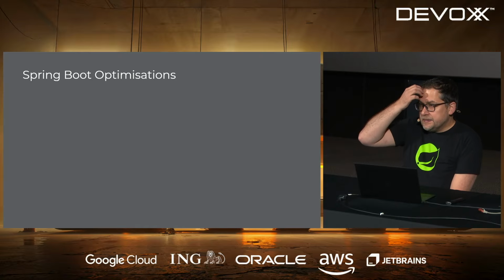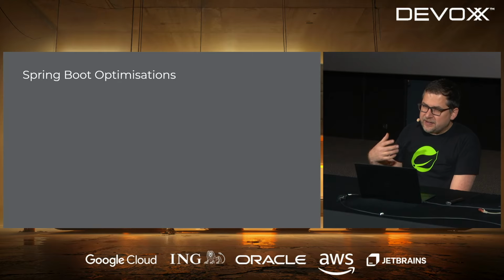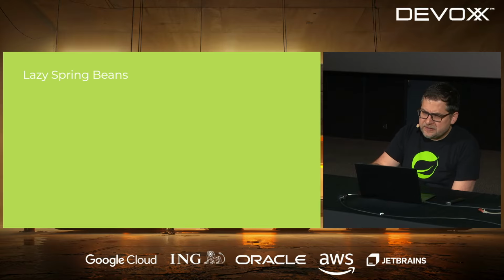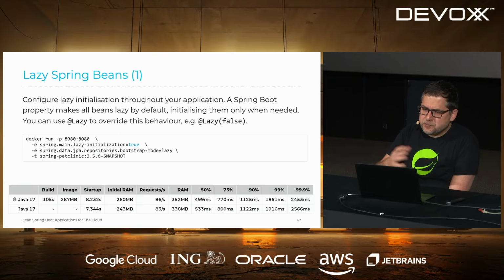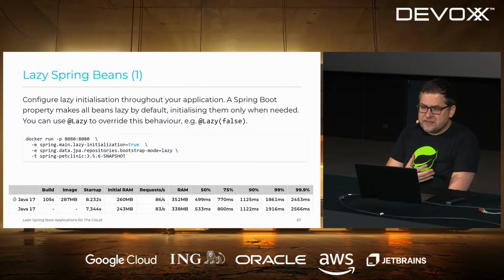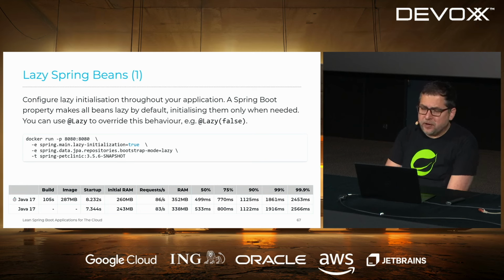Good. So let's have a look at some Spring Boot optimizations, and let's try to get some ideas. One idea could be, let's make the Spring Beans lazy. To make them lazy, you would either have to put the @Lazy annotation on your configurations or on your Spring Beans, or Spring Boot provides you two parameters.